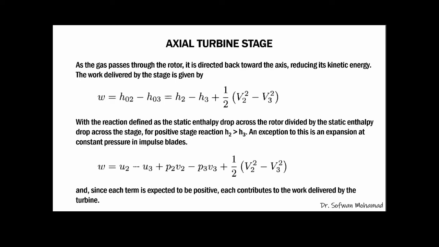All right, so this is the analysis of an axial turbine stage. I know it's a little bit difficult to follow because there are a lot of equations involved and a lot of derivation that I skipped during this explanation, because I want you to try to do the derivation by yourselves.